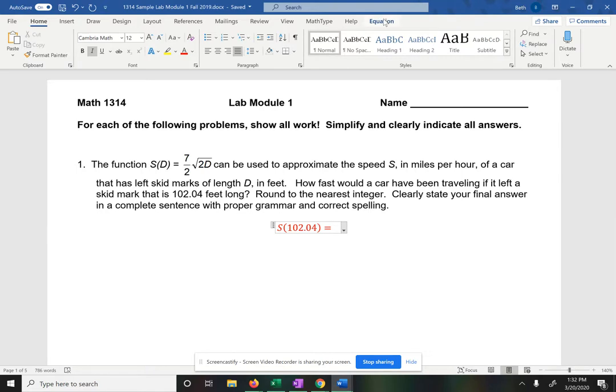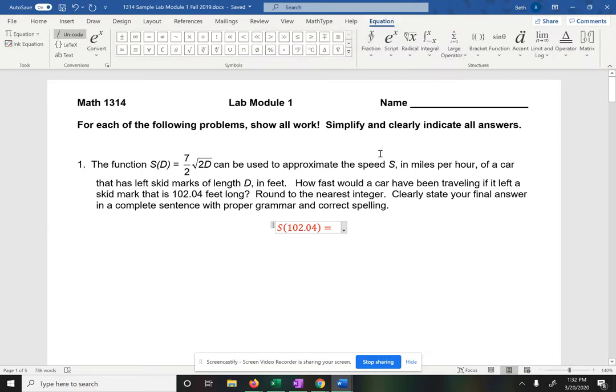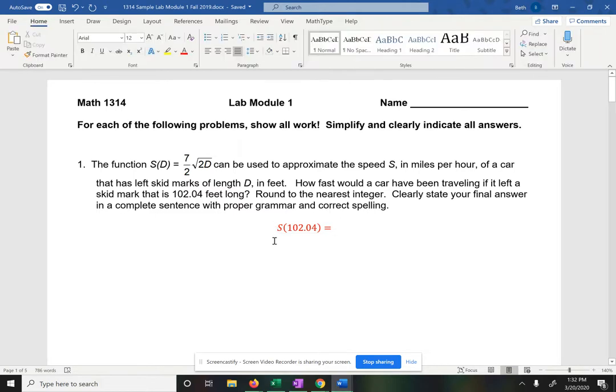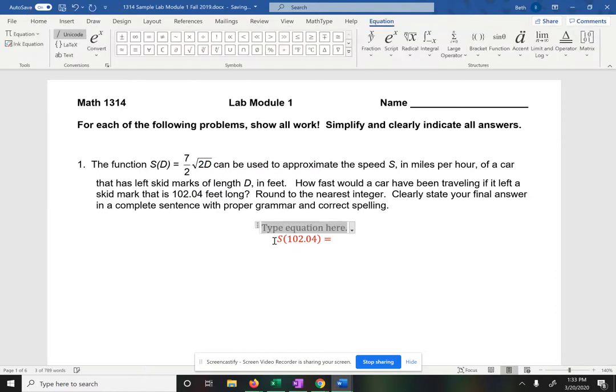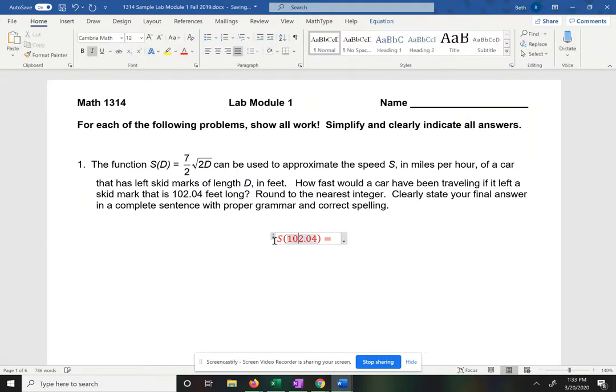So this is just Word, and I need to do this. If I want to just start writing an equation, all I'm going to do is press Alt and then the plus equal sign, and that's going to open up the equation editor. I'm going to delete that one because I've got everything typed in here.